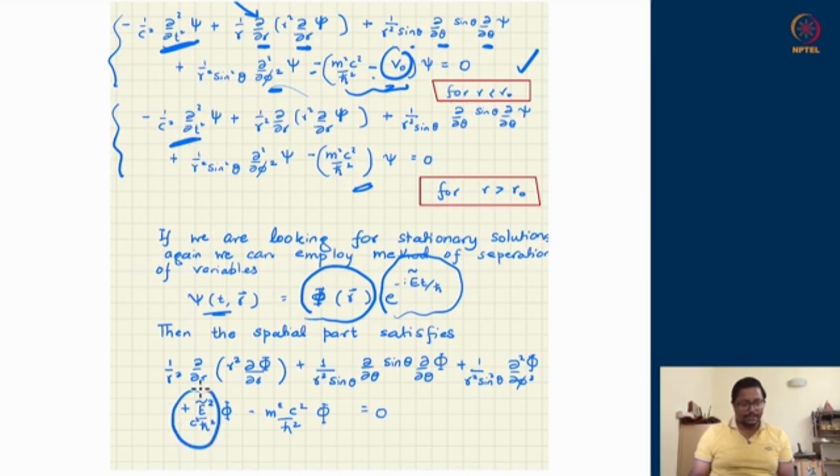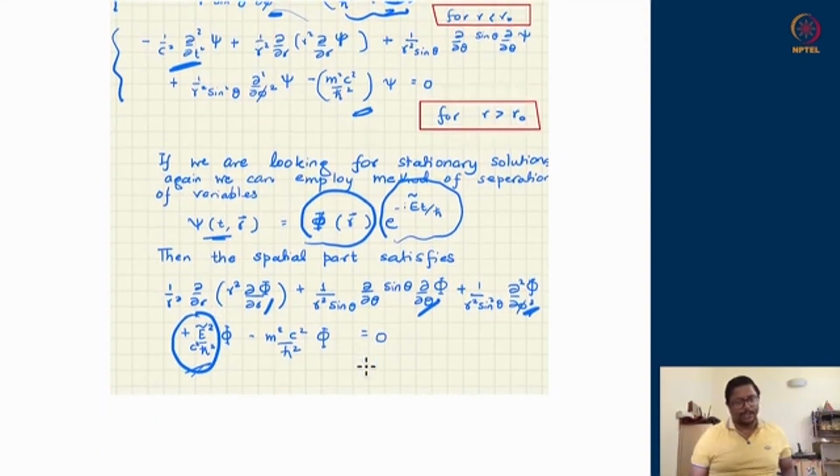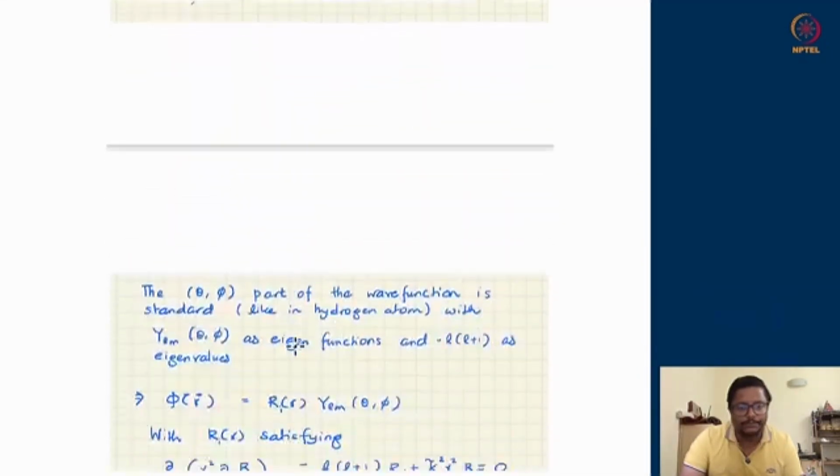So that will become this times the phi. All the spatial derivatives will hit phi as r derivative, theta derivative, and phi derivative, and we have to figure out what their character is. But the temporal derivative will hit and bring down E square over here. So that is what we have done. In region 1, E tilde is E plus V naught. In region 2, E tilde is E. That's all what we have to be careful about.